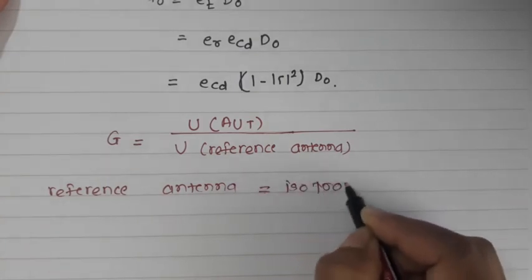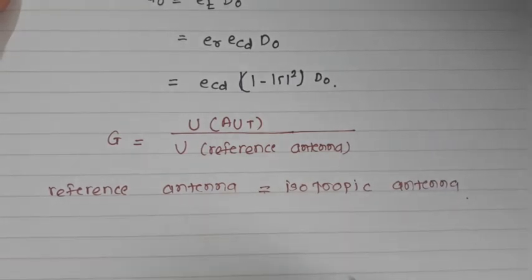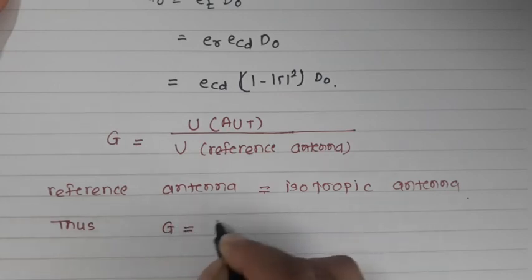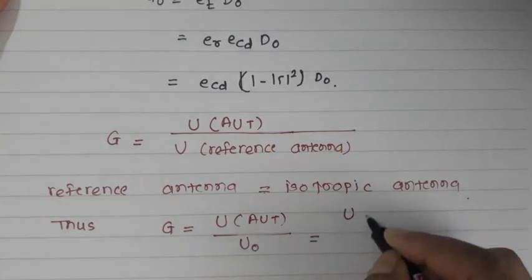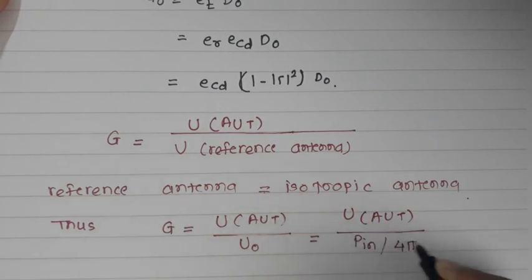We know that an isotropic antenna radiates an equal amount of power in all directions. So if my reference antenna is an isotropic antenna, G is U, that of the antenna under test, divided by U0. U0 is the radiation intensity of the isotropic antenna, which is P in divided by 4 pi.